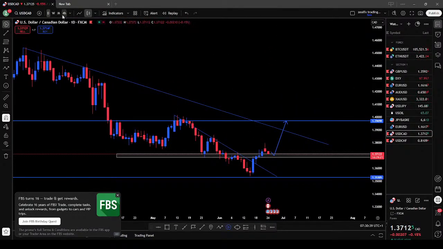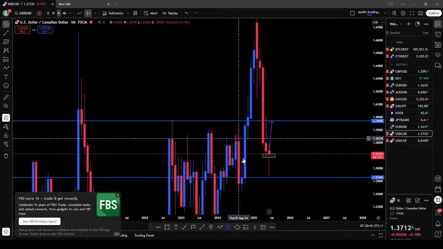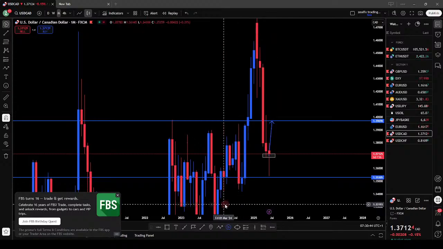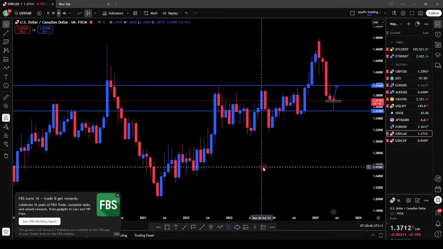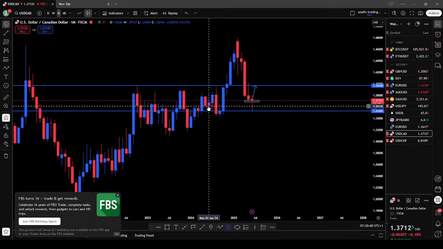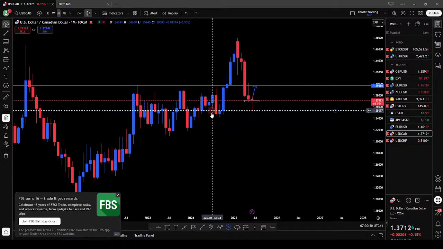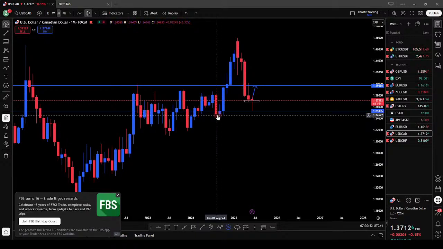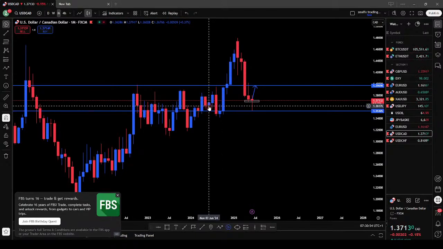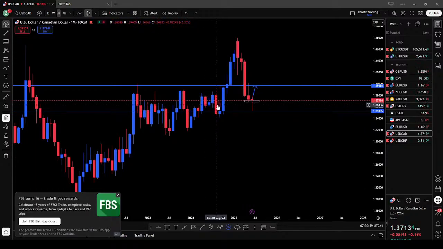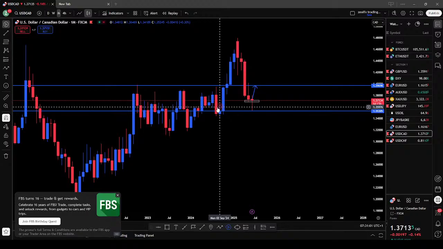You can also see that from the monthly chart. The level I expect the CAD to retest from, price tested this monthly support level. So long as price tested this monthly support level, I'm also expecting the reversal for CAD this coming week or next month.